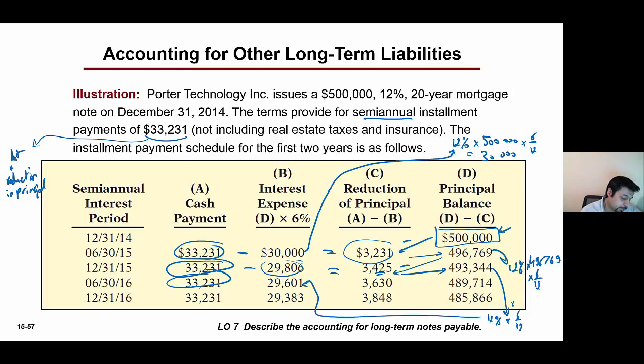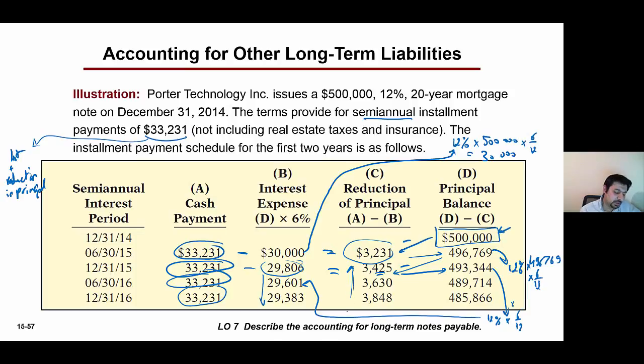As you can see, with each payment, the cash payment is always the same. However, with each payment, the interest part of it will decrease and the principal part will increase.